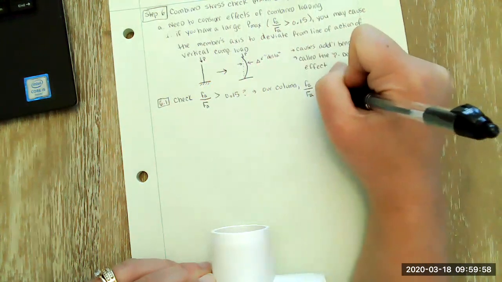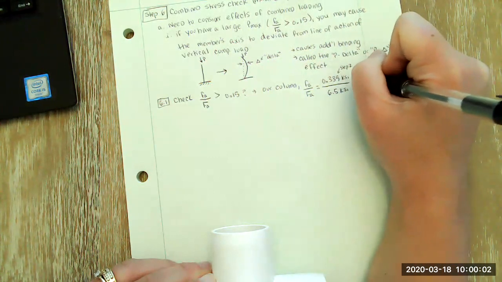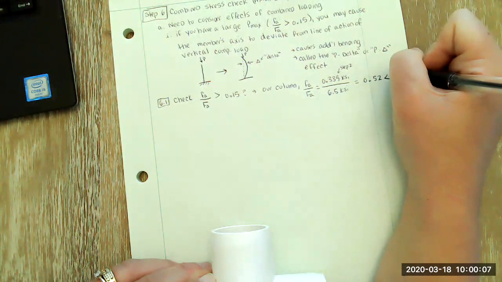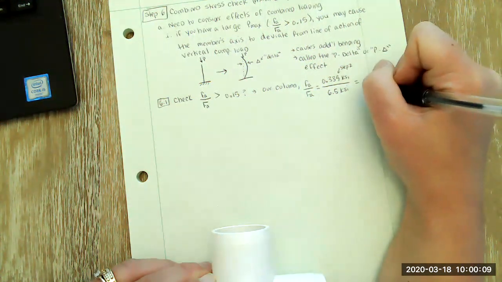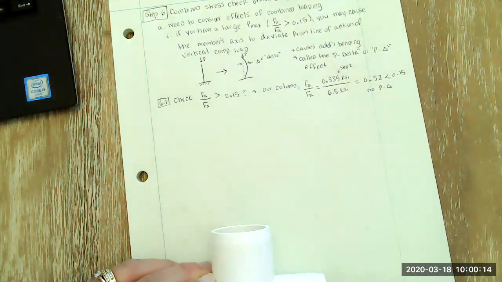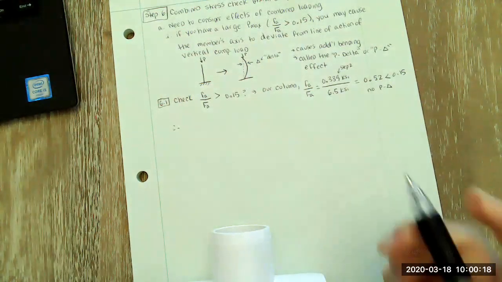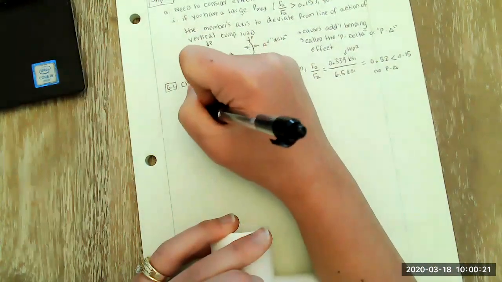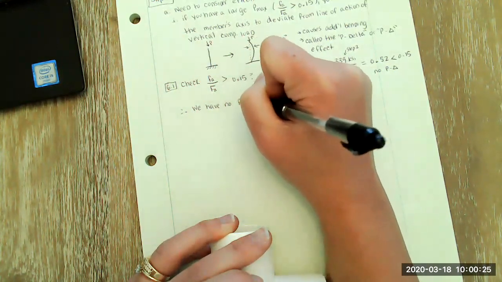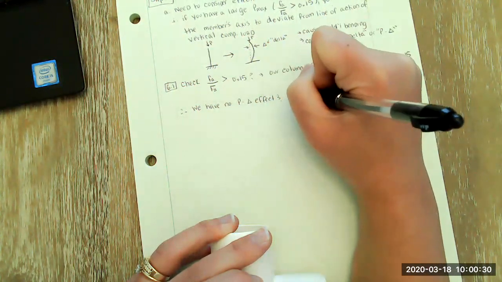Also from step 2 is our allowable, which is 6.5 KSI, which is equal to 0.052, which is less than 0.15. So we do not have a P delta effect for our column. So therefore, we have no P delta effect and just one combined stress check.